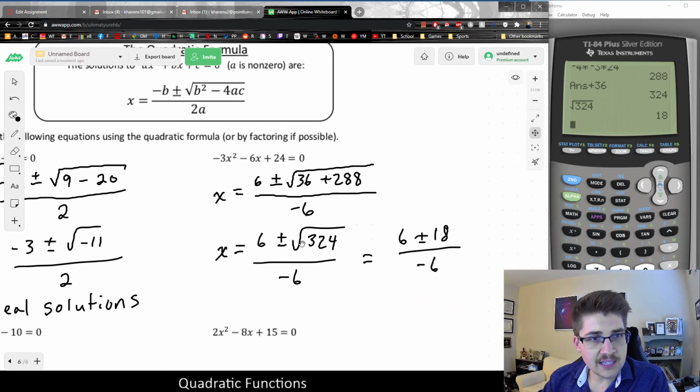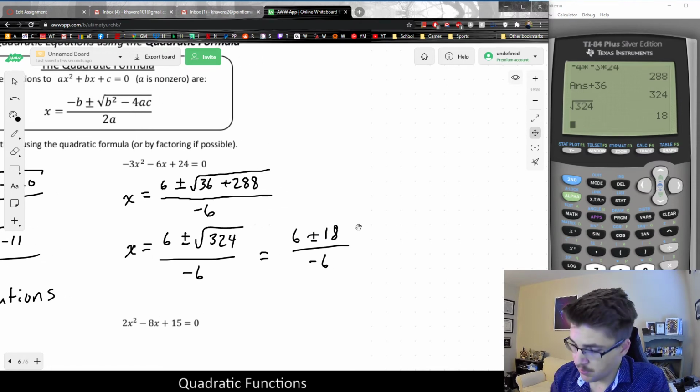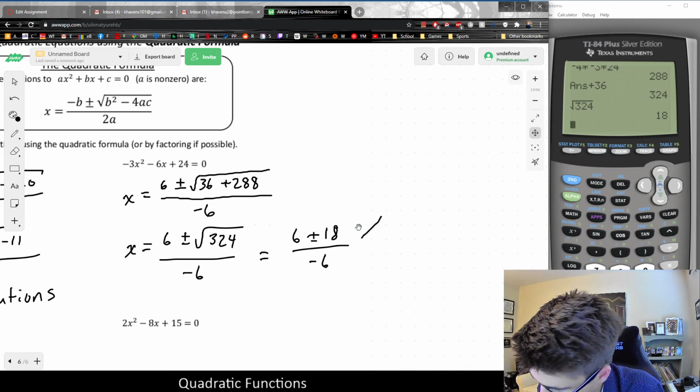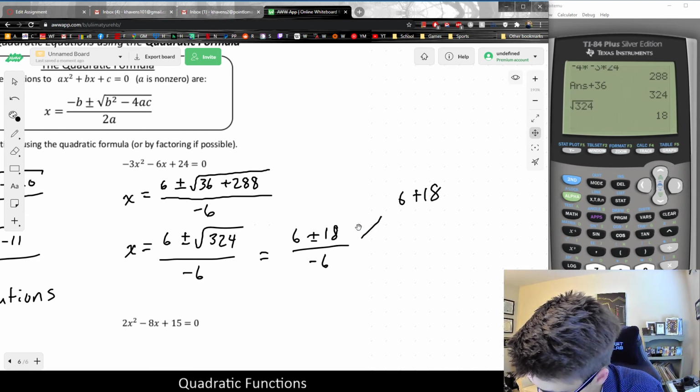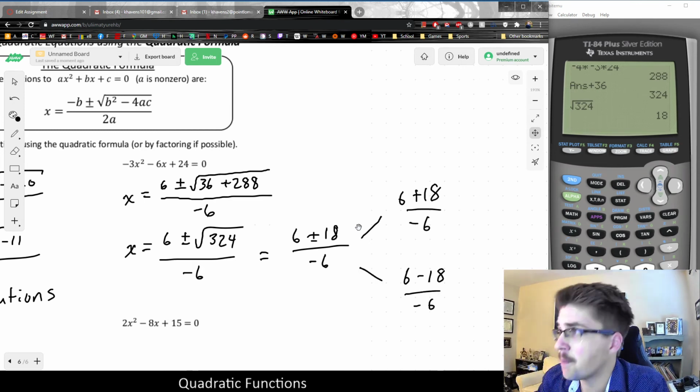And so here I'm going to get two answers because the discriminant was positive, and in this case it simplifies to be a whole number, which is very convenient. And to get each answer, I could just split them up separately. So one way I could write that as well, it's 6 plus 18 over minus 6, and the second answer is 6 minus 18 over negative 6.